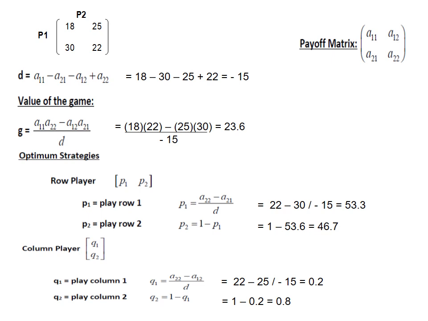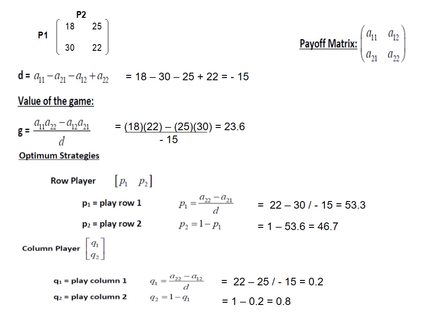The value of the game, A11 times A22 minus A12 times A21 divided by D, equals 18 times 22 minus 25 times 30 over minus 15, equal 23.6.